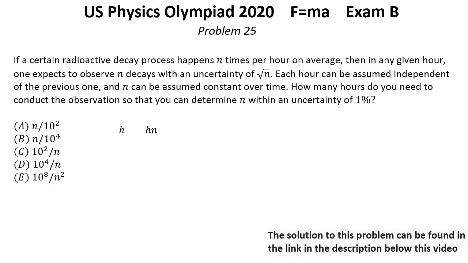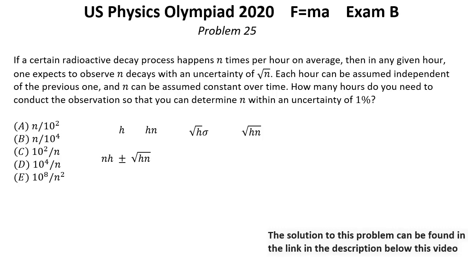When we add h independent samples of random variables, the sum has a standard deviation of square root of h multiplied by sigma, with sigma the standard deviation of the underlying distribution. So in our case, we will observe nh decays, and the standard deviation in the number of decays observed is square root of hn. So our estimate for n will be nh plus or minus square root of hn.